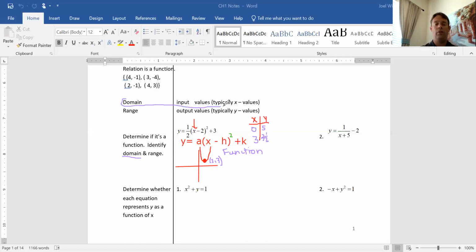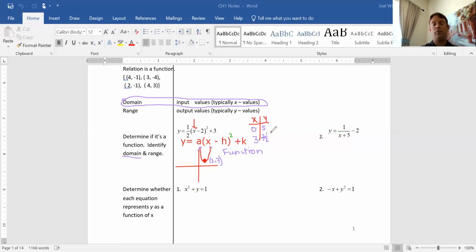Domain is the input values, typically the x values. So in other words, what can I plug in for x? Well, if you notice this graph, it's going to go forever to the left. It's going to go forever to the right. Even though the arrows are pointing up, they still have to go to the right to get over there. So it's going to go all the way from the left to the right.